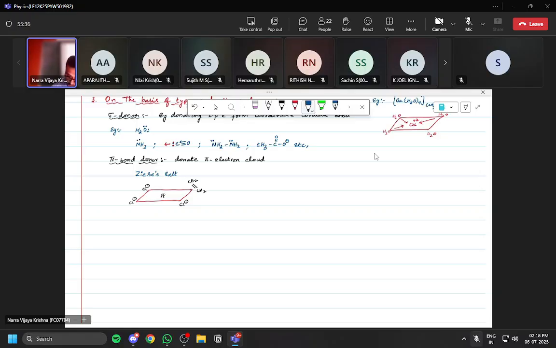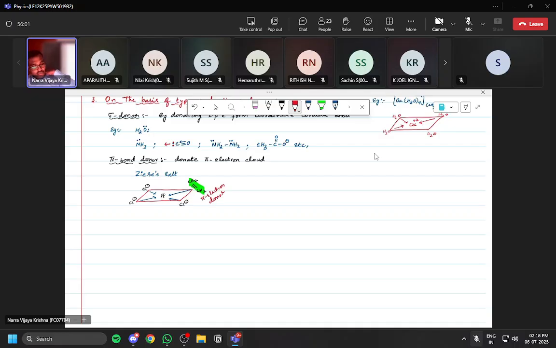Here this will donate pi electron cloud towards platinum. The remaining three chlorines are sigma donors, whereas ethene is the pi electron donor. Any questions, sir?